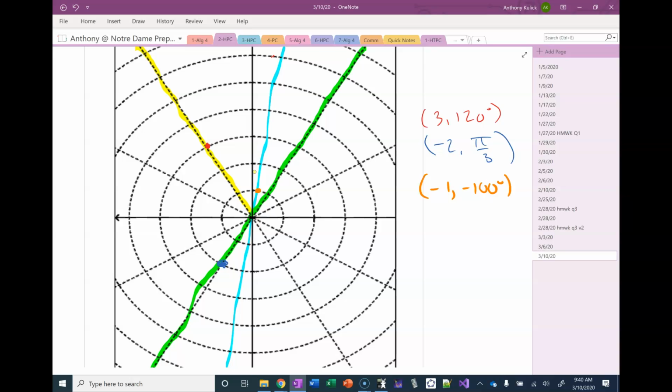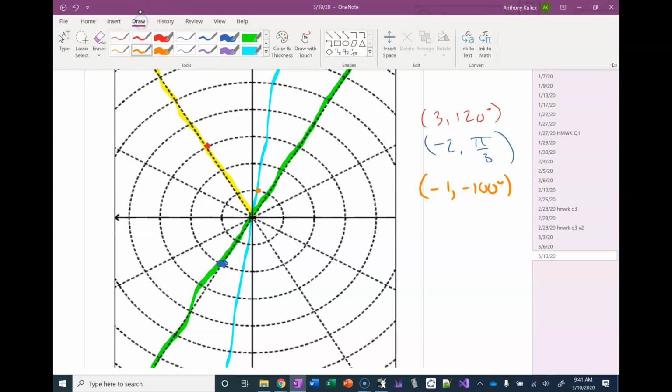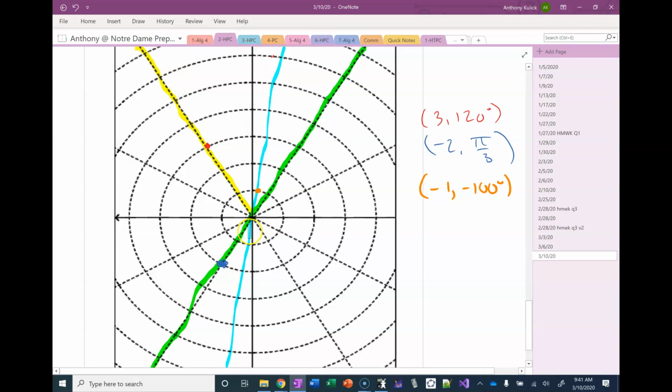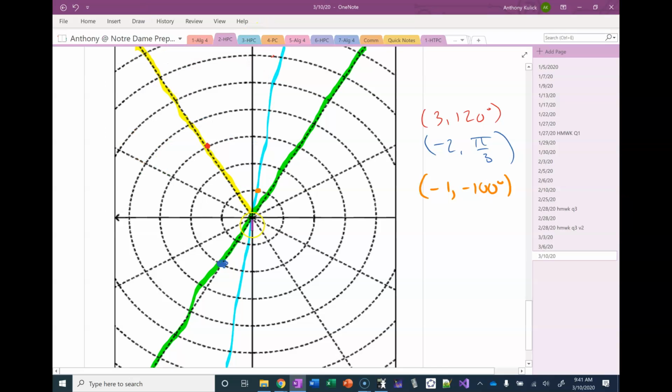Okay, so yes. Let me grab a different color here for this. So negative 100 is really this part here, right? But I'm going to the opposite end of this, because negative 1 is going on the opposite end.